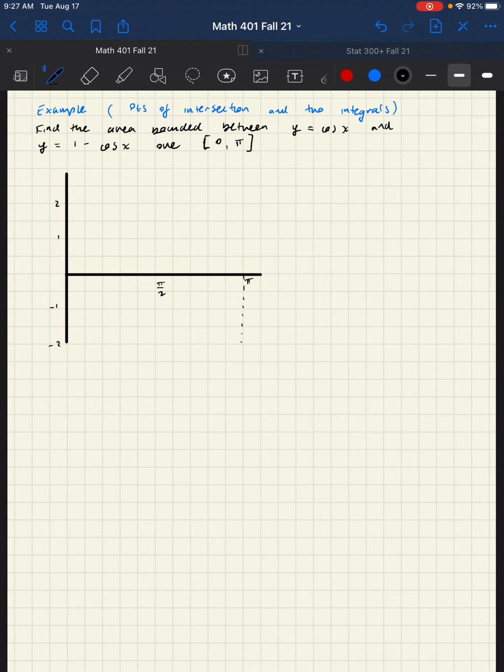Let's make this pi. Okay, so we're going to end right here. This is our right boundary. And cosine of x between 0 and pi just decreases the whole time. So it's going to look like this, crosses the axis there, and then it reaches -1 there. That's roughly what it looks like. So that's y equals cosine of x.